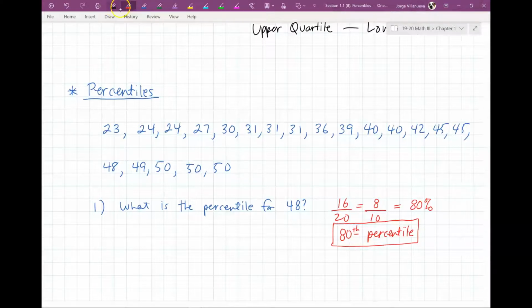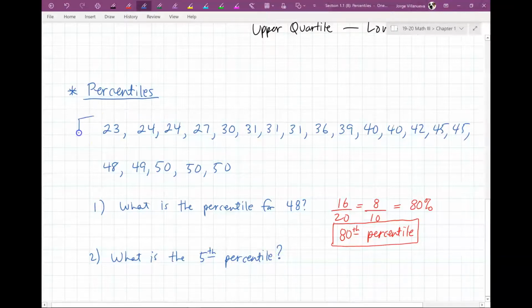Number 2. What is the 5th percentile? In other words, which one of the numbers that I listed from 23 to 50 represents the 5th percentile?